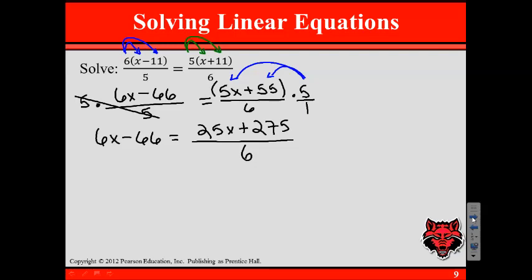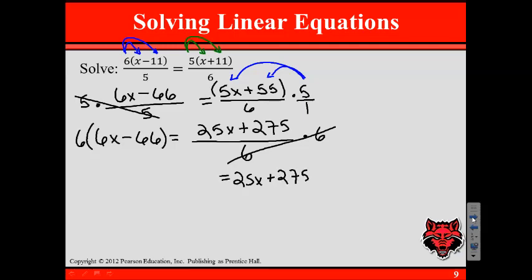So now we're going to do the same thing, except with the 6 instead of the 5. So now we multiply both sides by 6. And we do that because when we multiply and divide by the same number on the right-hand side, those numbers cancel. So on the right-hand side, we're left with 25x plus 275.